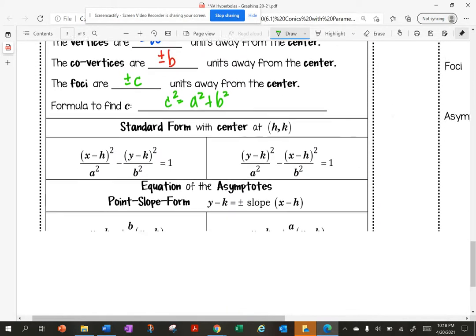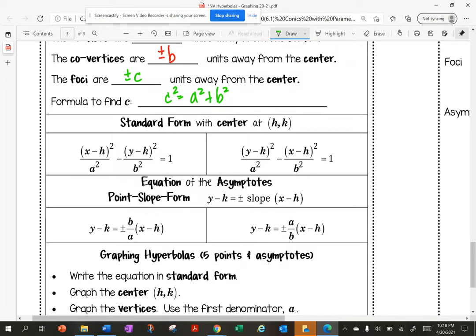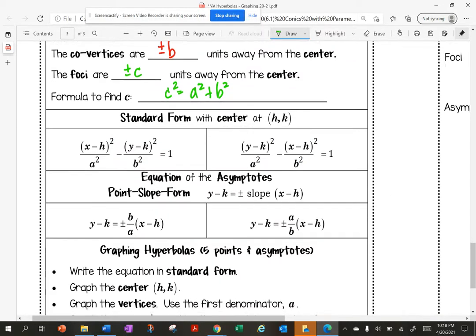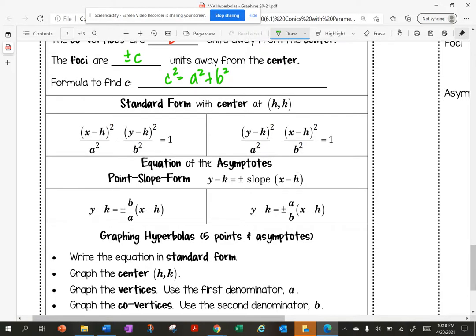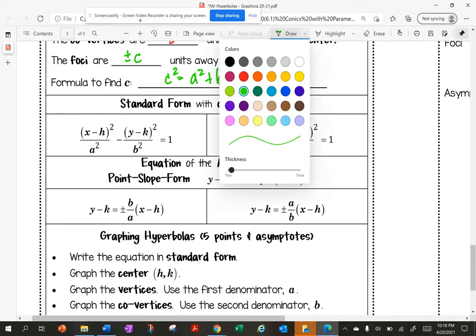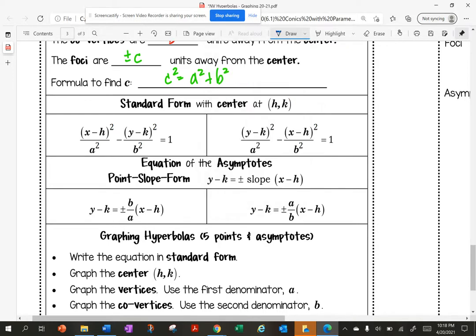Okay, so let's talk about standard form. So standard form, I put the plus term first. So A is whatever is under the plus term. So this is my plus term. So whatever the positive term, A is under the plus term.